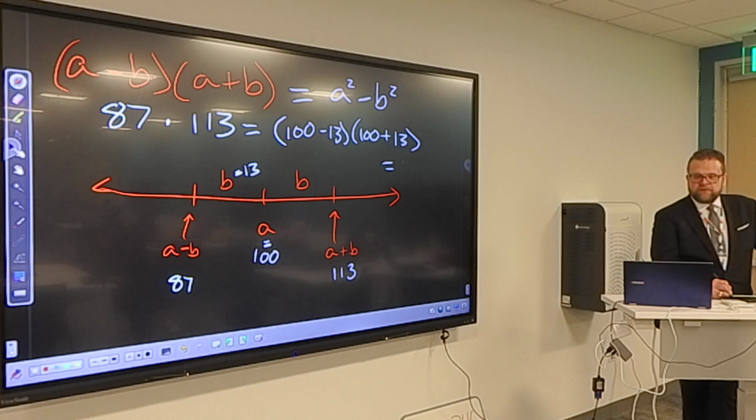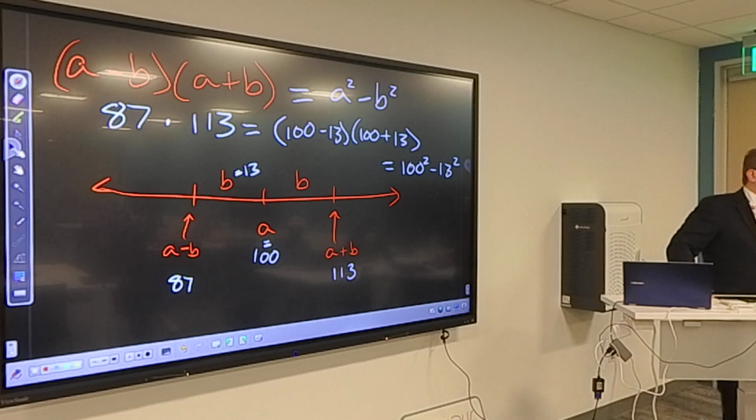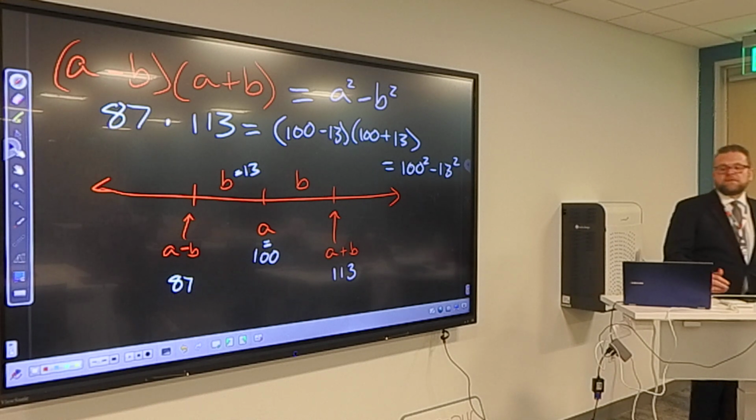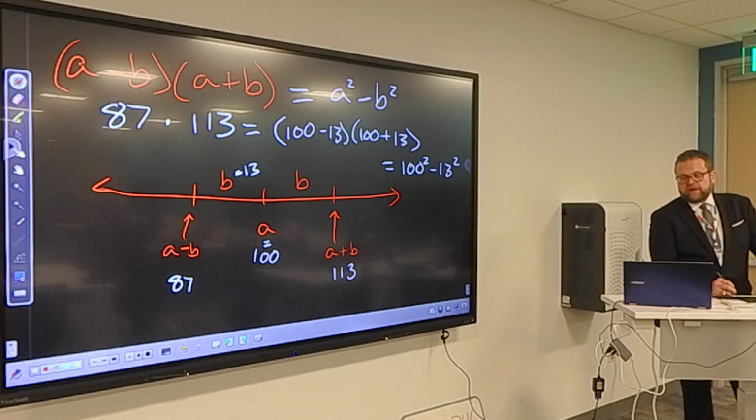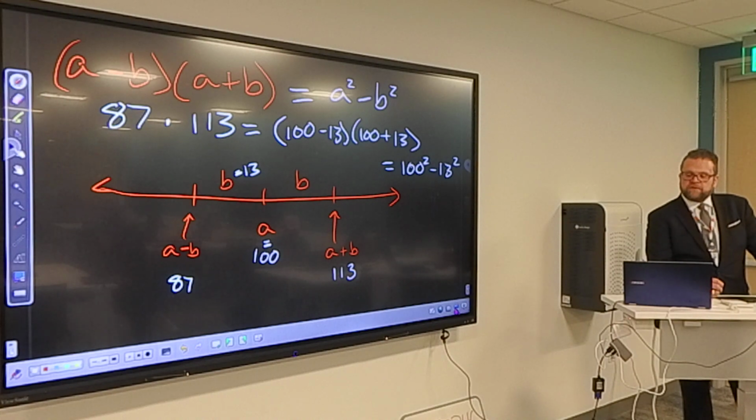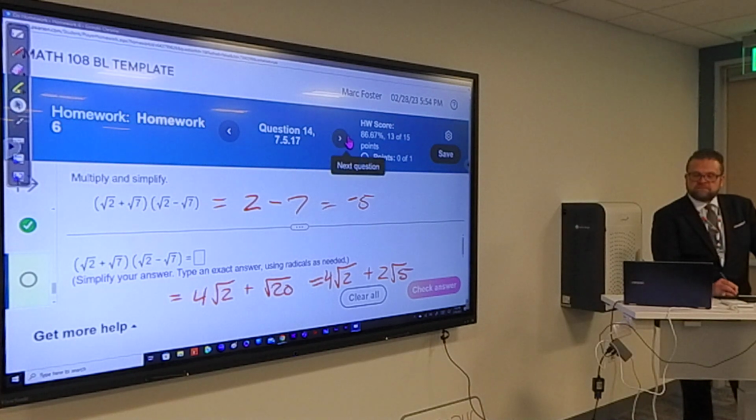And so my answer would be 100 squared minus 13 squared. And that's how they would do it. So we need to take advantage of things like difference of two squares whenever we can.